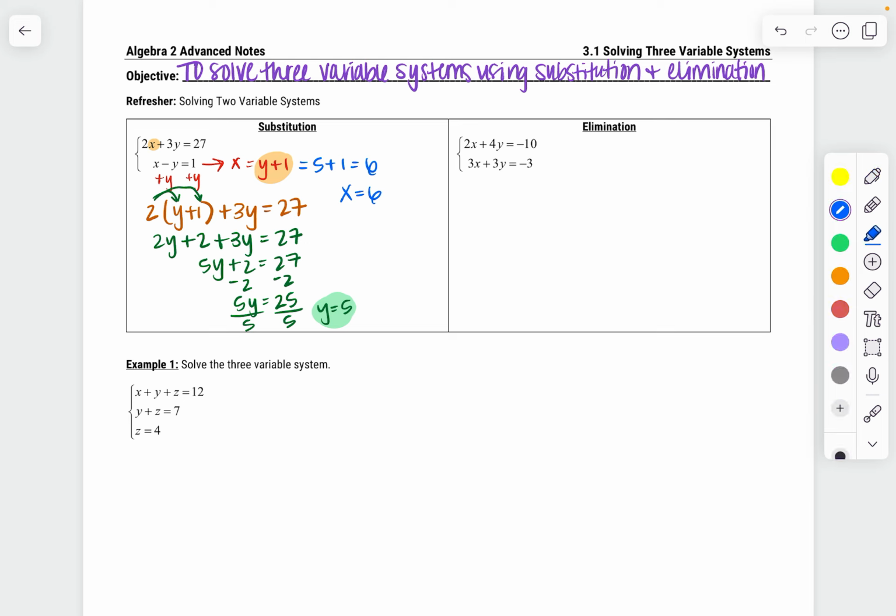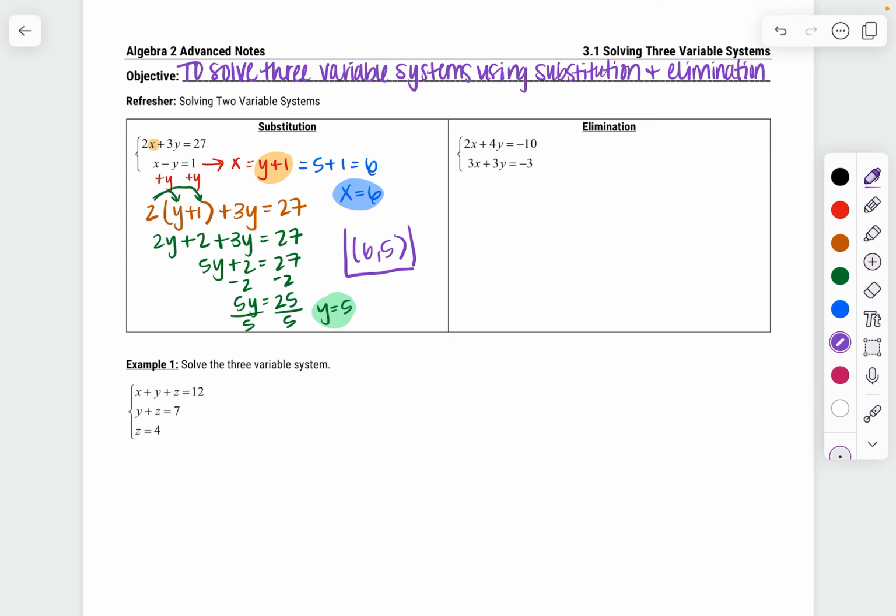Now, how we answer these in the end. Whenever you are graphing a system of equations, you are looking for where they intersect. And typically that is an xy coordinate. So for two variables, how we write it is as an ordered pair. So I'm going to have 6, 5.